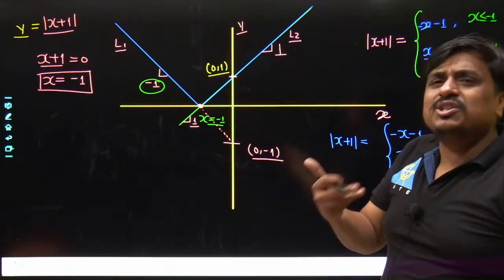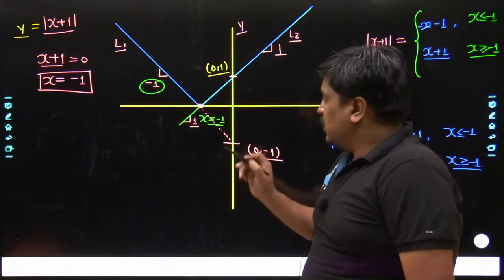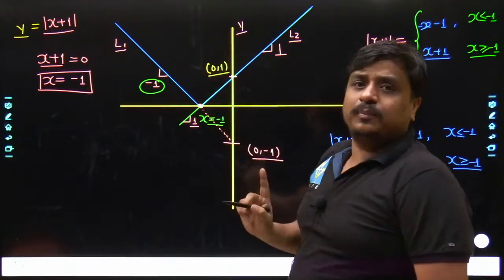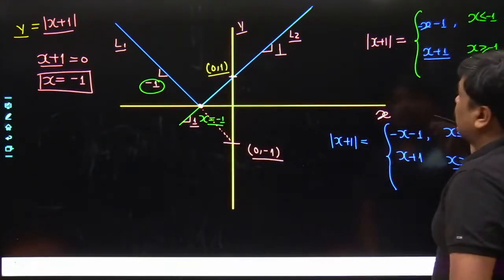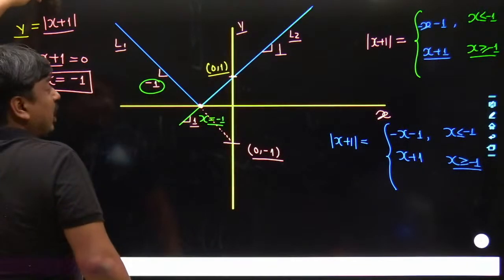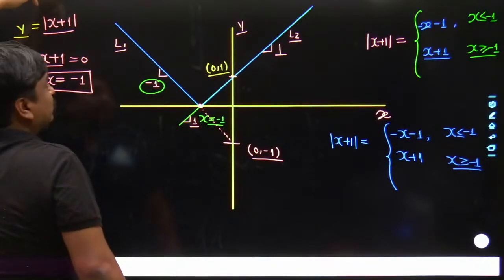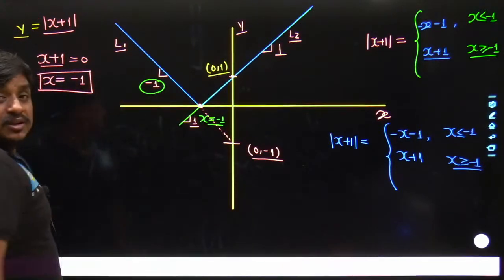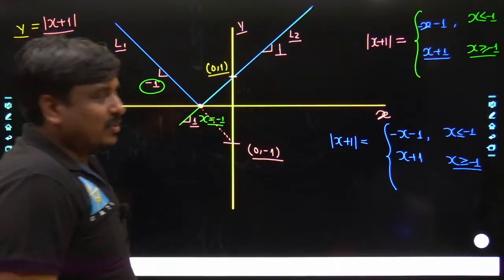What are the different changes we are experiencing? First change: earlier, if the slope was m, now the slope would become minus m. What does that mean? Earlier, if x had the multiplier a, now it would become minus a, because a was the slope of this straight line. Minus a is nothing but a new slope, just a multiplication with the minus sign.